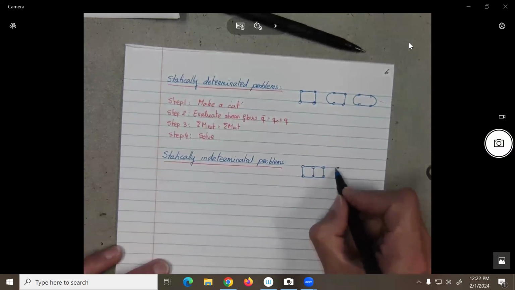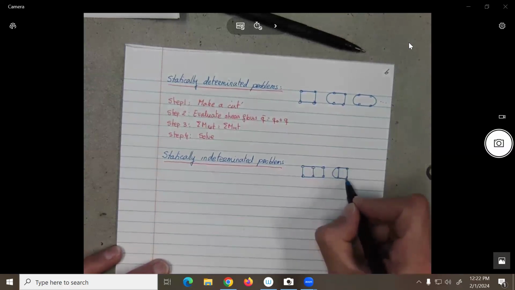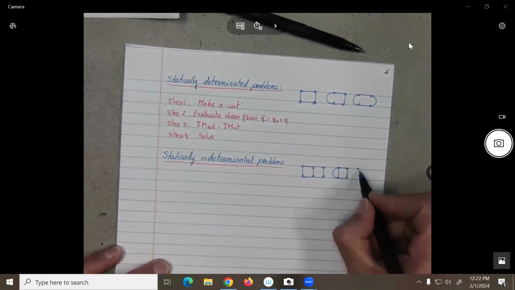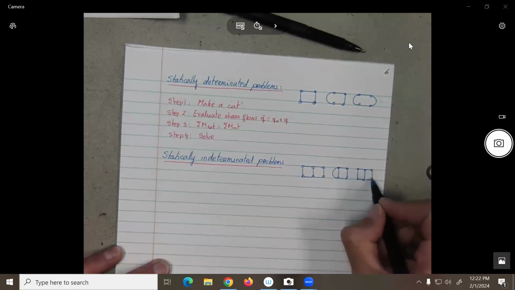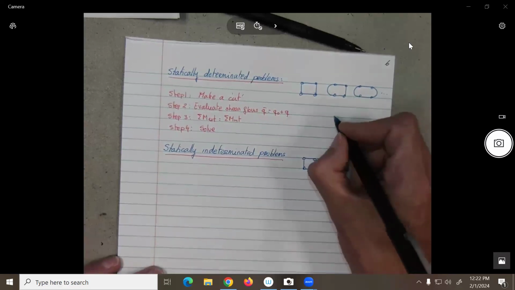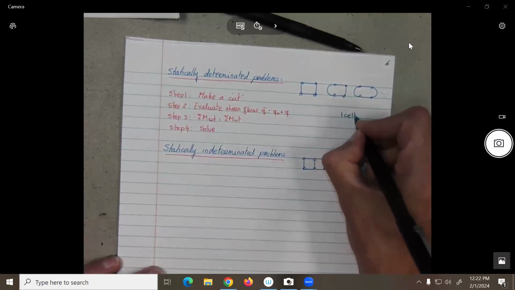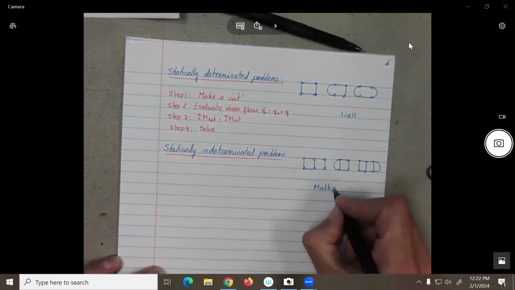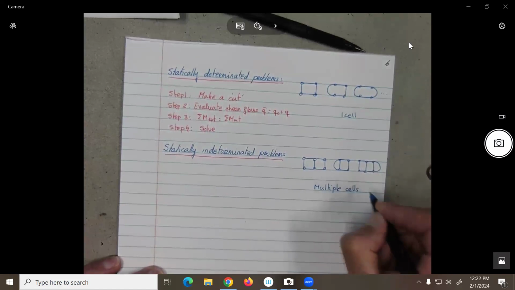You can go to as many as you want. You could have this one, with 2 cells, or, if you want to make it even more complicated, we could have this, whatever, this, and this. So more than one cell. Multiple cells.